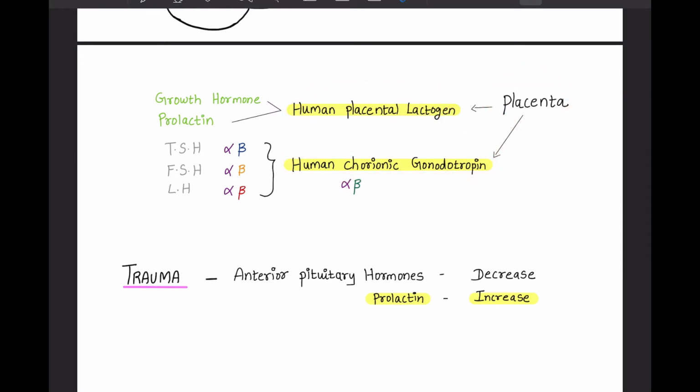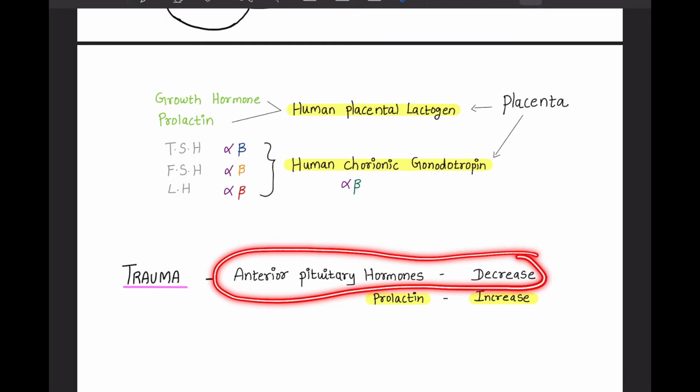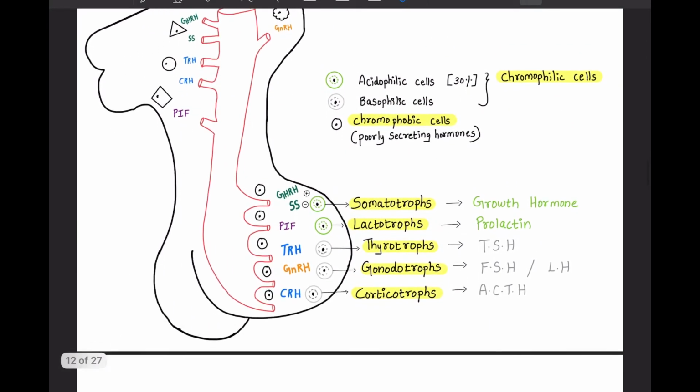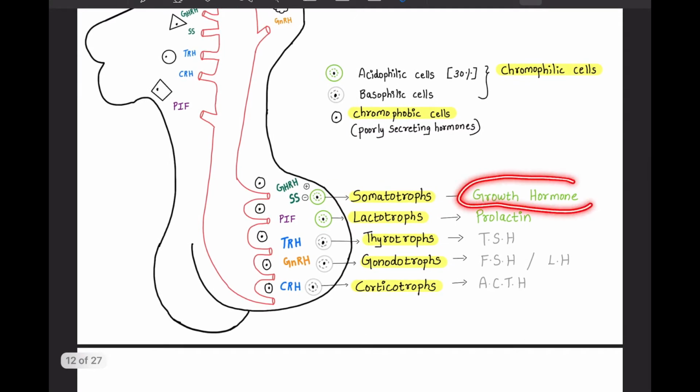Now what happens during a trauma? Whenever there is a trauma to the anterior pituitary gland, there will be decreased synthesis of hormones. That is, the anterior pituitary hormones will be very low. You have the growth hormone, TSH, FSH, LH and ACTH.